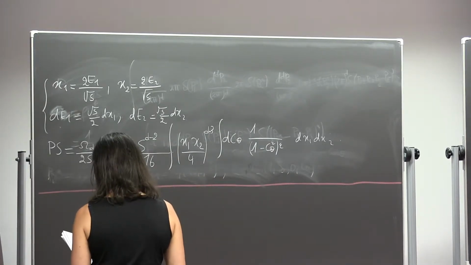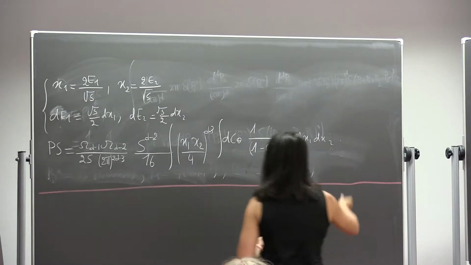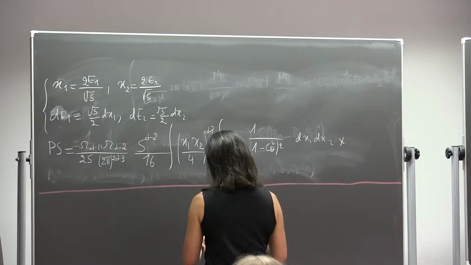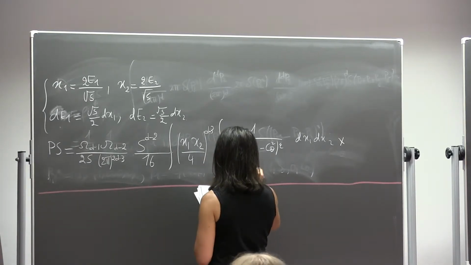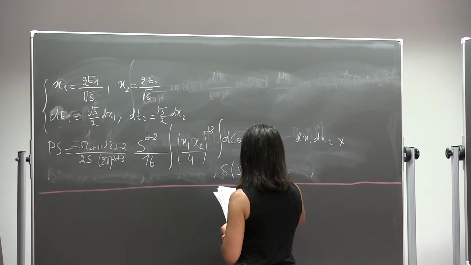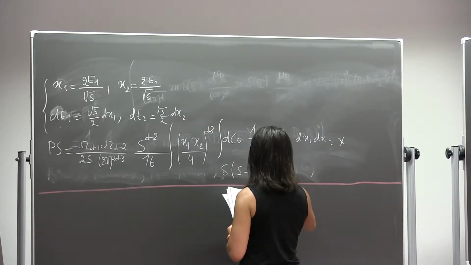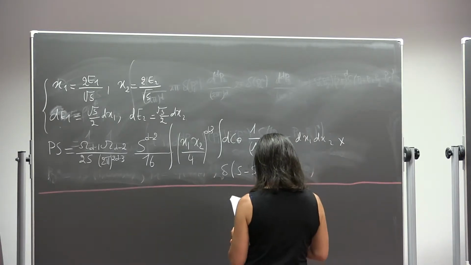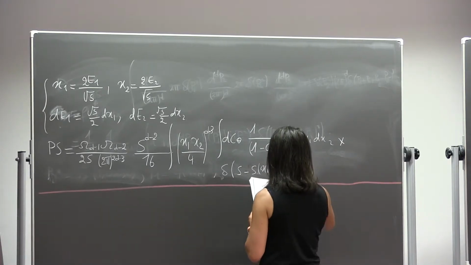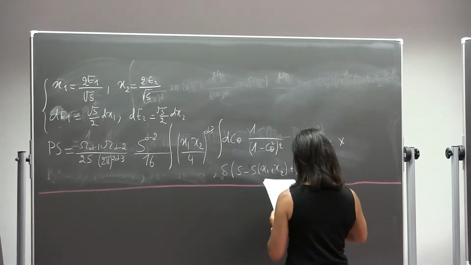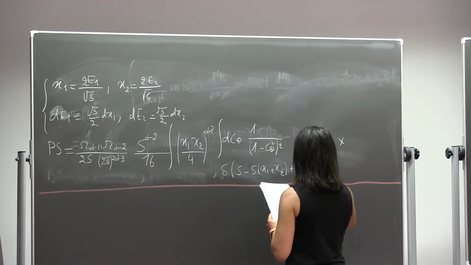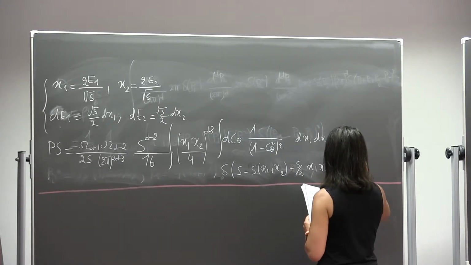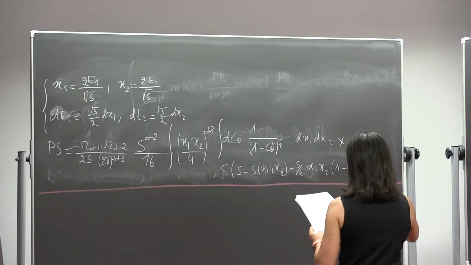Okay, and I believe there is one more term that I'm missing here. That is the delta term. The delta of s minus s times x1 plus x2, minus s plus s over 2, x1 x2 times 1 minus cos theta, and then there's a parenthesis here.